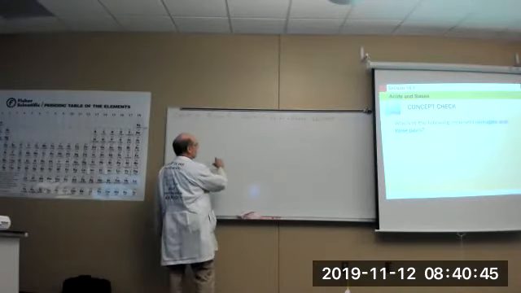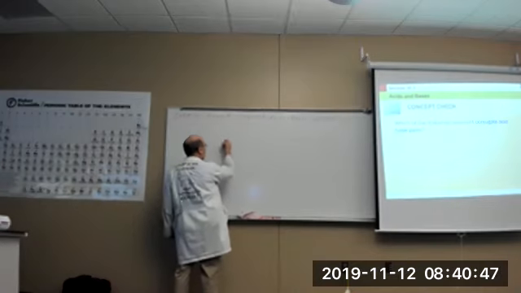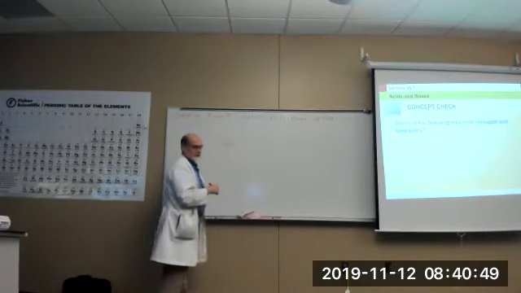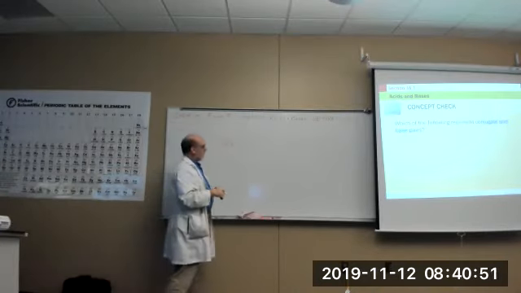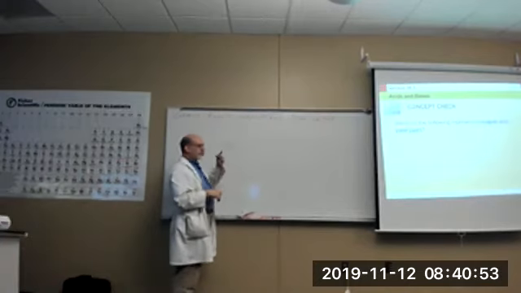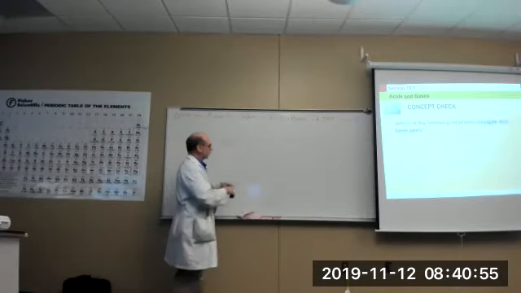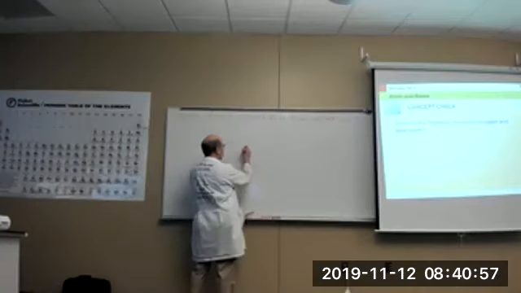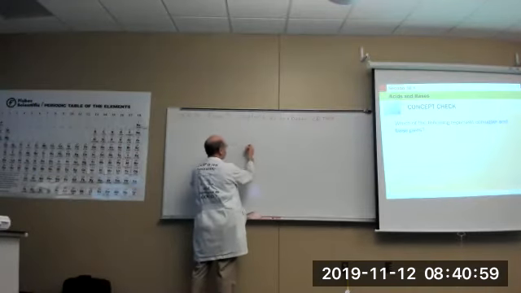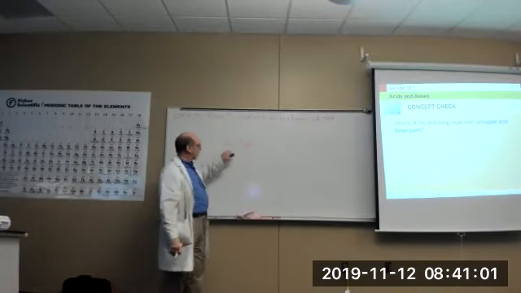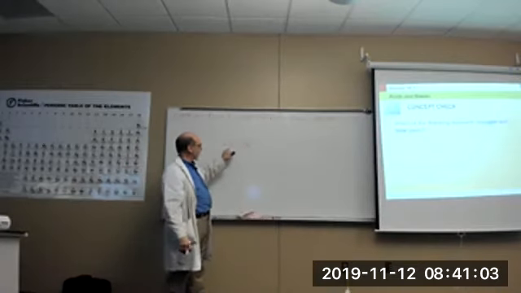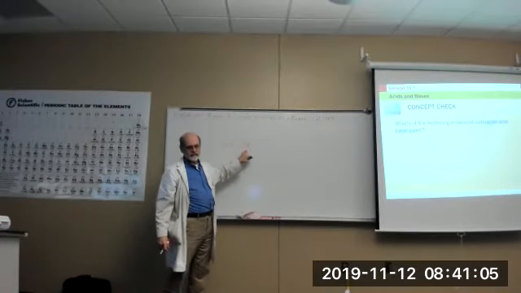For a conjugate acid-base pair, you start with your acid and you lose one proton. So if we put this one together with this one, that's a conjugate acid-base pair. This is the acid, that's the conjugate base.